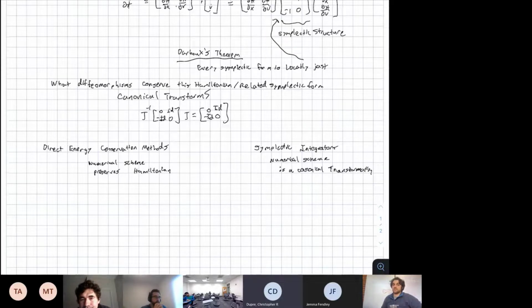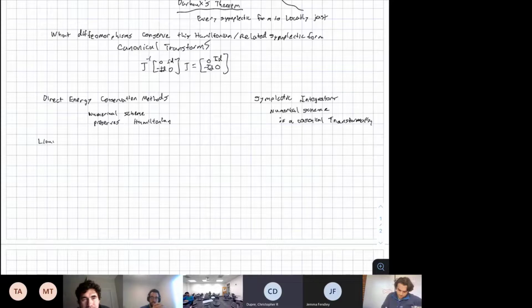But it turns out that this symplectic structure actually encodes quite a few more things other than just the conservation of this energy. In particular, there's a theorem, Liouville's theorem, which states that Hamiltonian flows preserve Lebesgue measure.